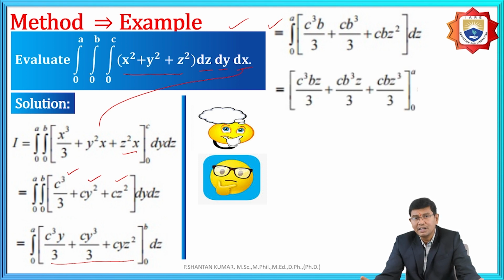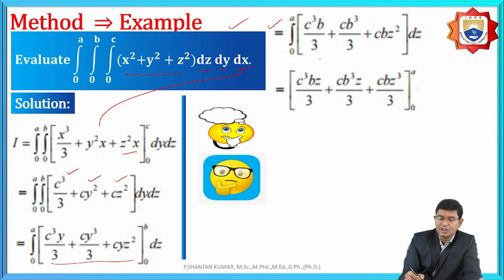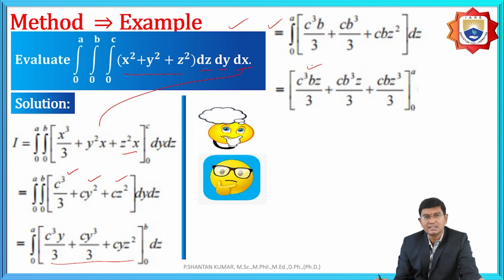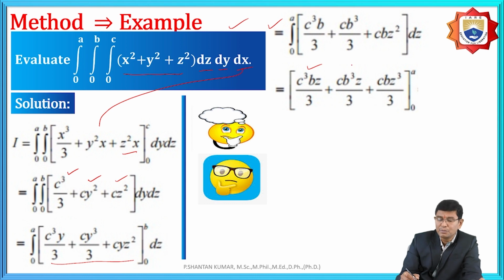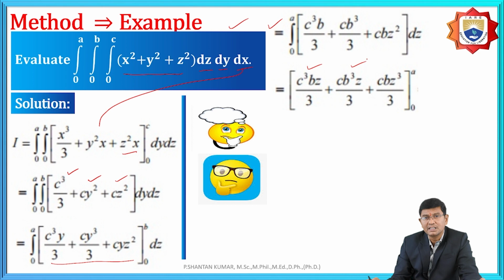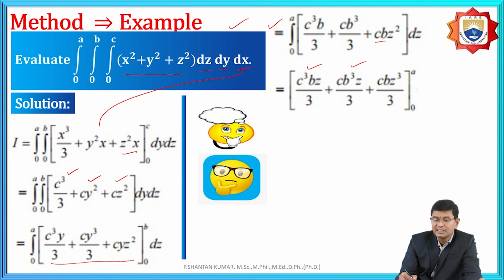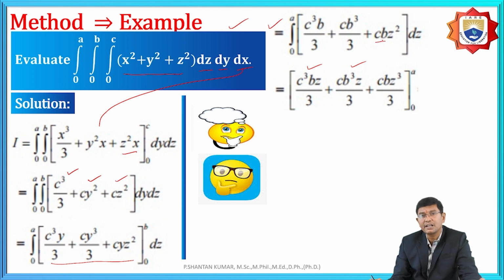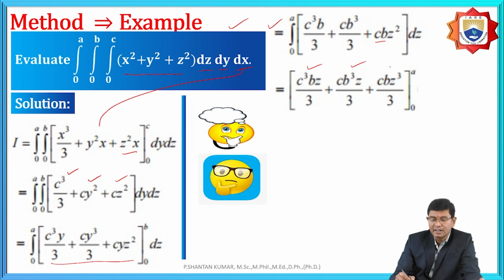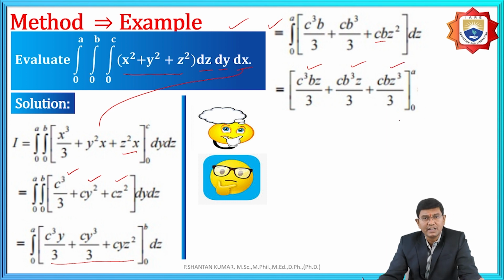Now again we need to integrate with respect to z. While doing that with respect to z, c cube b by 3 is a constant, and 1 with respect to z is z, plus c b cube by 3 with respect to z, 1 is a constant with respect to z is z, plus c b is a constant, z square integrating is z cube by 3. Therefore now we need to replace with limits 0 to a.